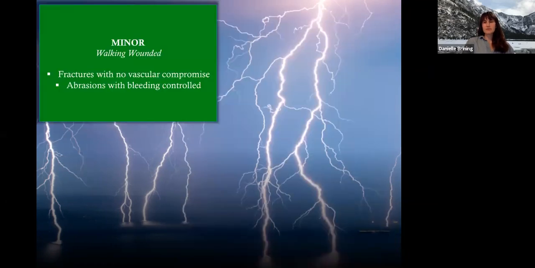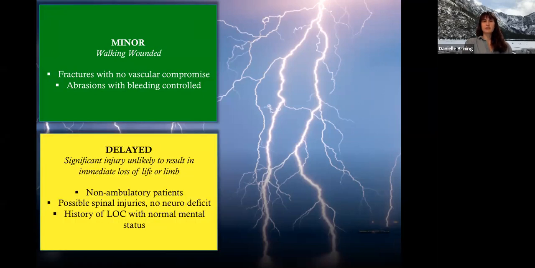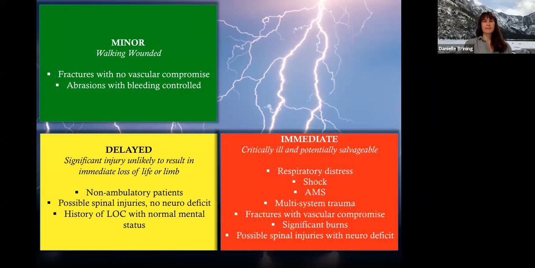Here are just some examples of those 4 labels. Green, walking wounded, can be fractures without vascular compromise or abrasions without major hemorrhage. Delayed are non-ambulatory patients. They could have possible spinal injuries without a neurodeficit, or have had syncope but now a normal mental status.